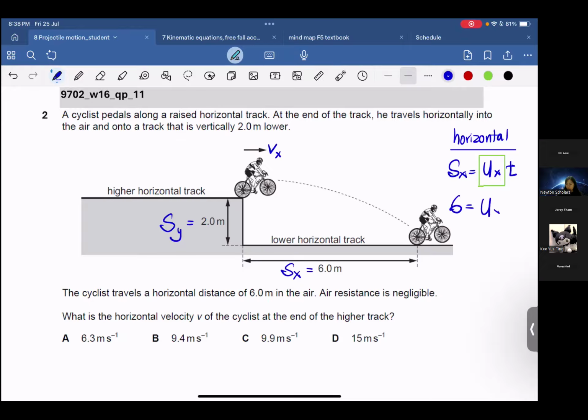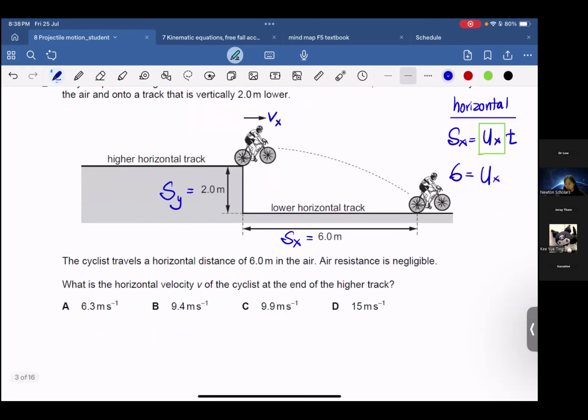But the problem is you don't have the t. So this t is missing. You have to find it out based on the vertical component. From the vertical component, you're trying to find t. Then t can be substituted here. The t will be the same. Boys and girls, you try it by yourself and then tell me your answer.